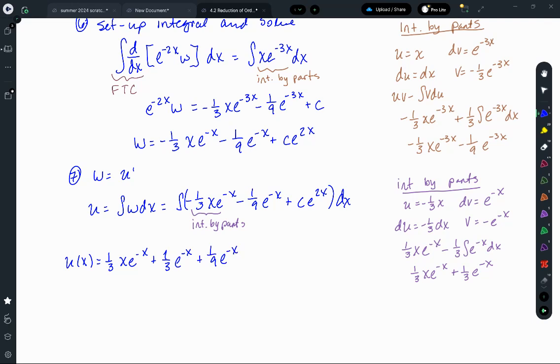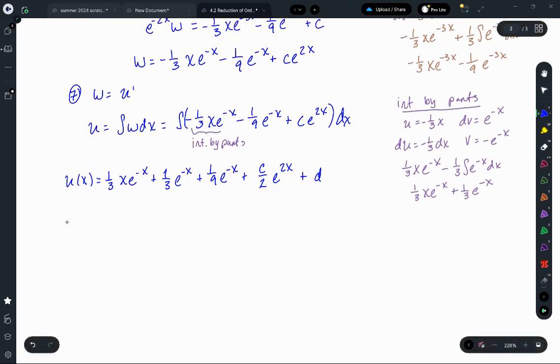And the antiderivative of c e to the 2x will be plus c over 2 e to the 2x. And then we also get a plus d. Now the c over 2, technically we could just write that as c. It doesn't much matter. I'm going to leave it as is for now. However, we're not done yet. We have another step.